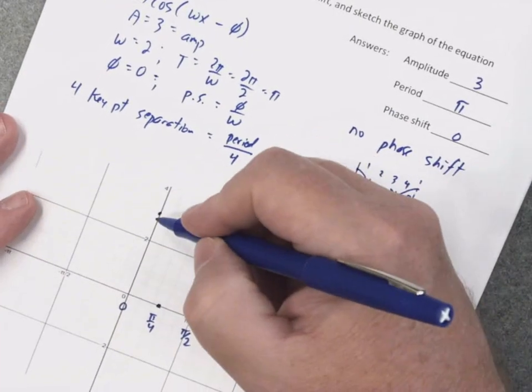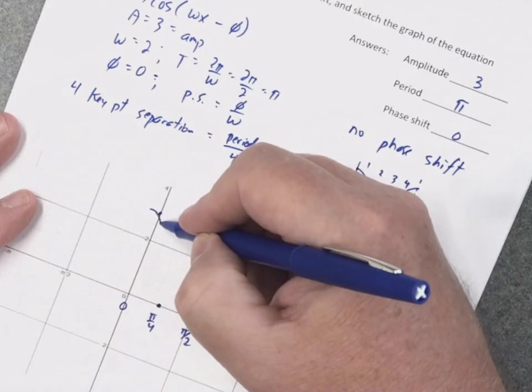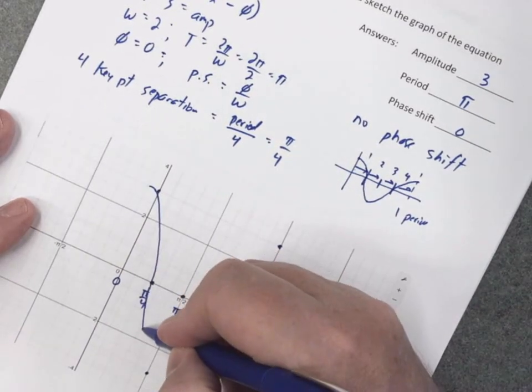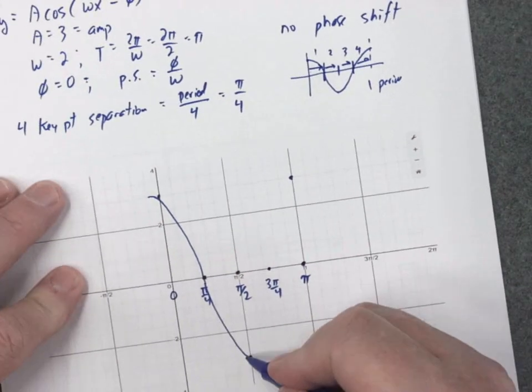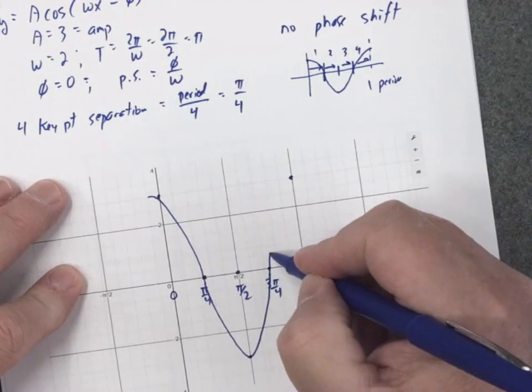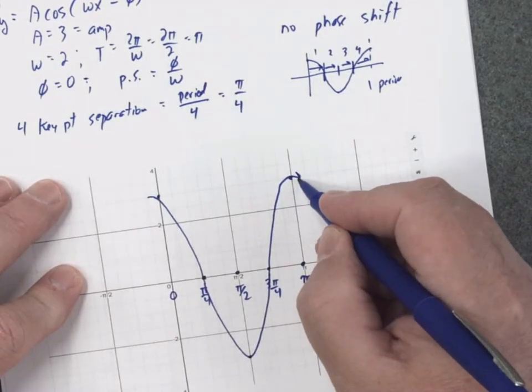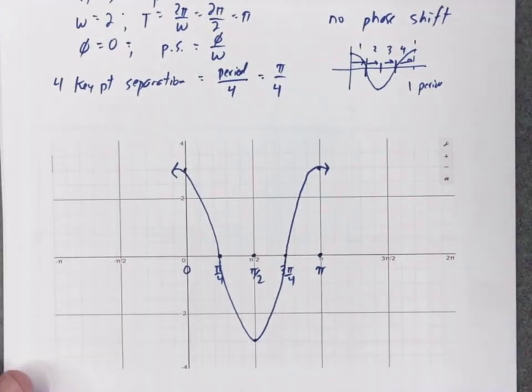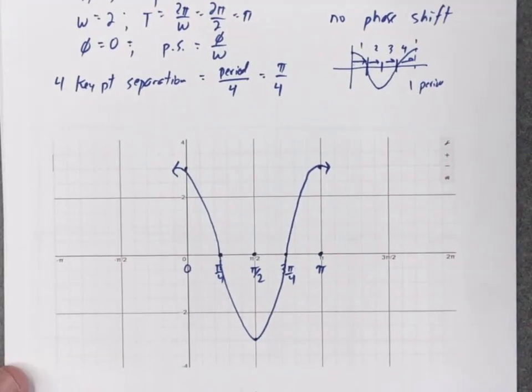And then you can try and sketch in, in this case, one period of the cosine function.